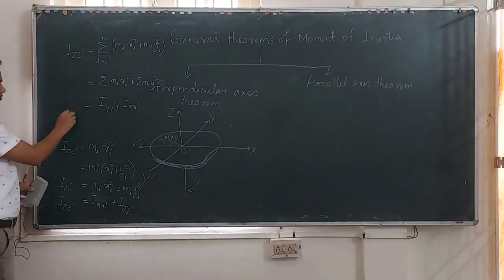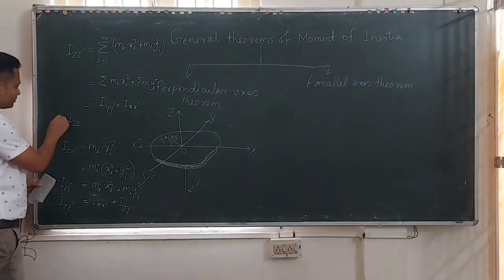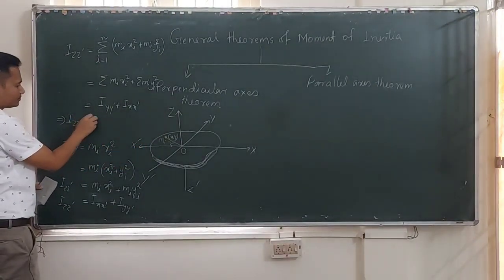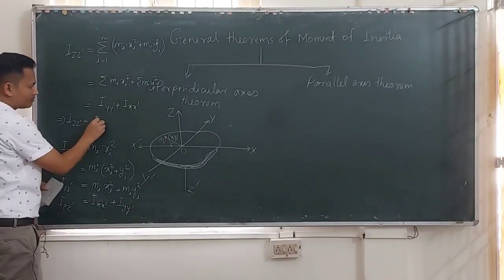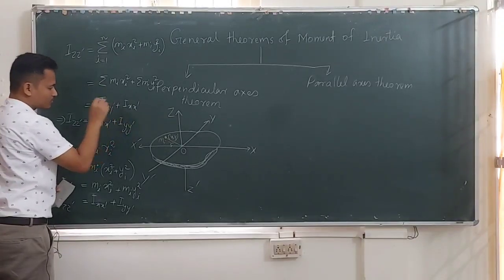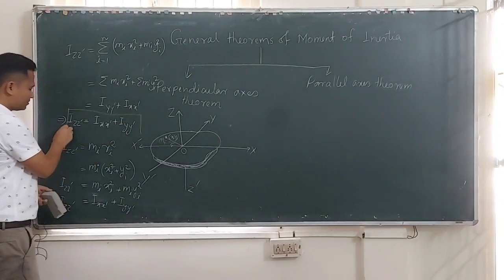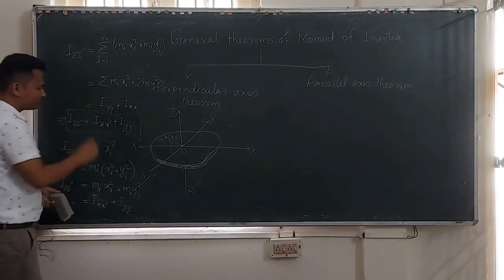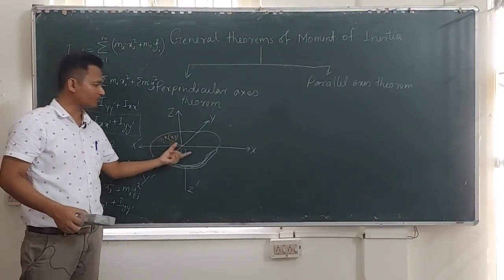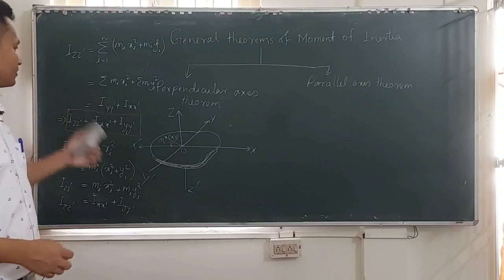So the moment of inertia of the whole lamina about the perpendicular axis z prime is equal to the sum of the moments of inertia about x prime and y prime, provided all three axes are perpendicular to each other. This is the perpendicular axis theorem.